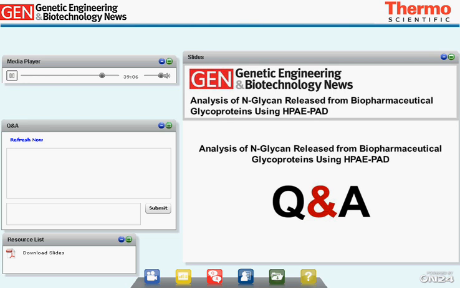But if you have a very complex glycan mixture, for example the one found in Erbitux, which I just showed, which has N-glycans from the Fc and Fab fragment, we inject about 300 to 400 picomoles, as this Erbitux sample has more than 60 different structures, what we found here at Glycothera.